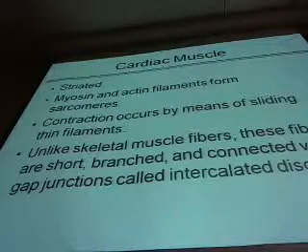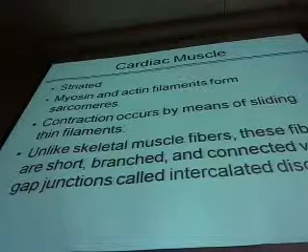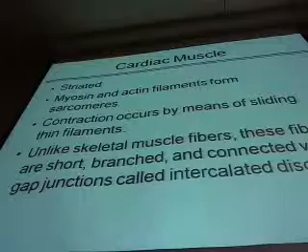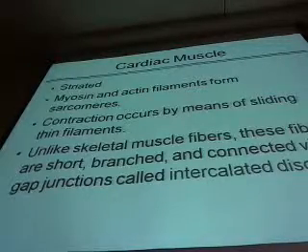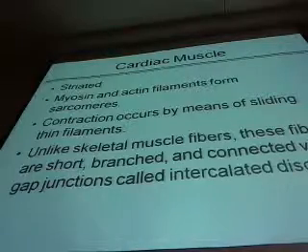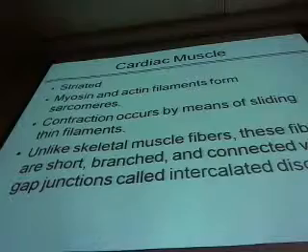As opposed to a skeletal muscle, like we looked at with summation and all that, where without this type of setup you would have to put probes all over the heart. With a cardiac muscle, you fire one, they all fire.